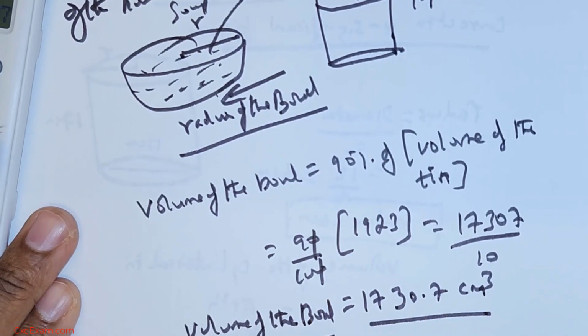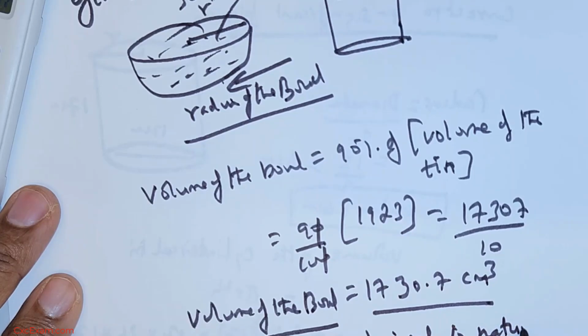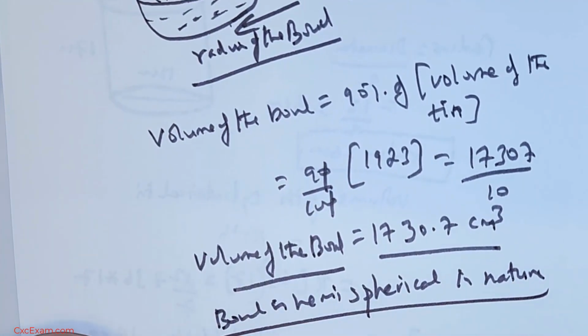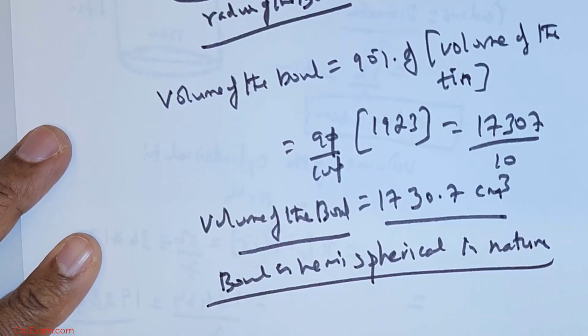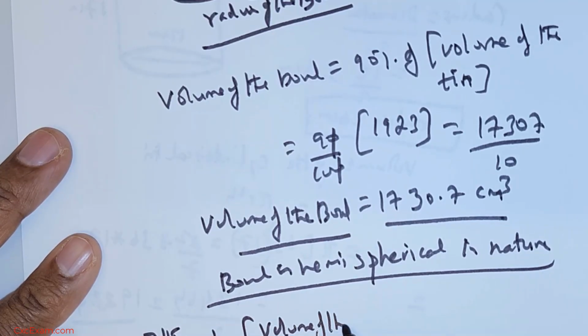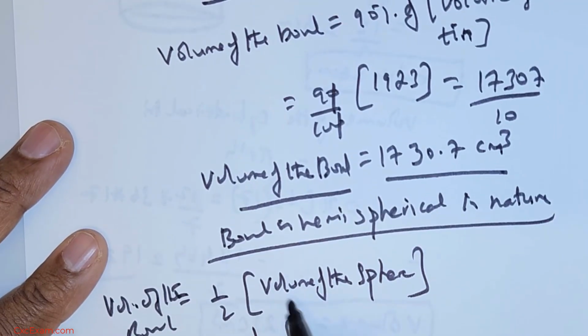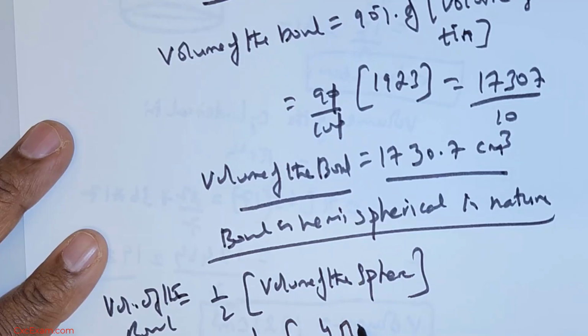Now what we have to do is to use the shape of the bowl. The bowl is hemispherical in nature. So this means the volume of the bowl will be half times the volume of the sphere. The volume of the sphere is 4 over 3 pi r cubed.